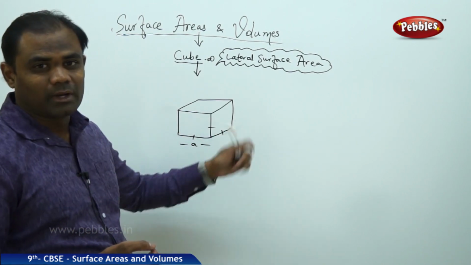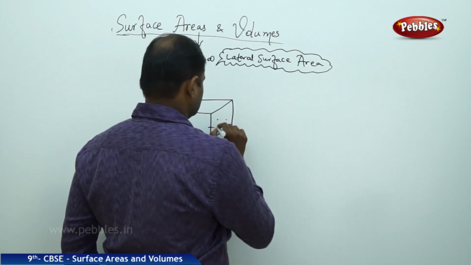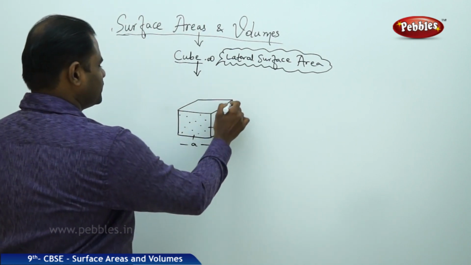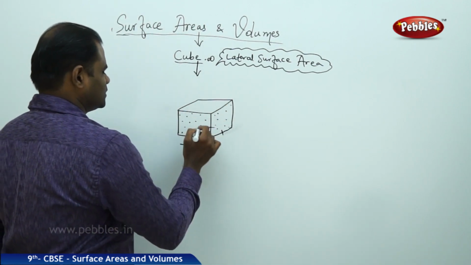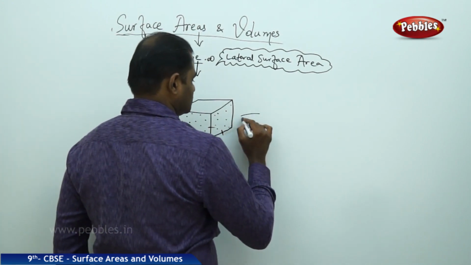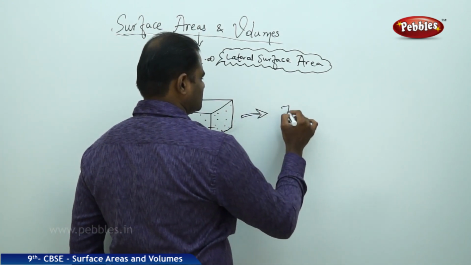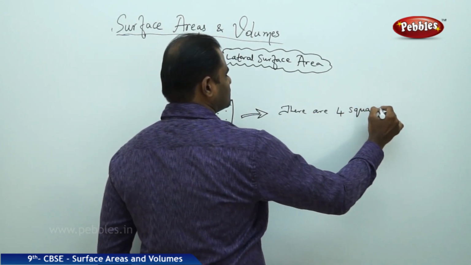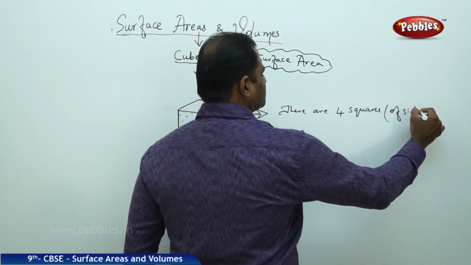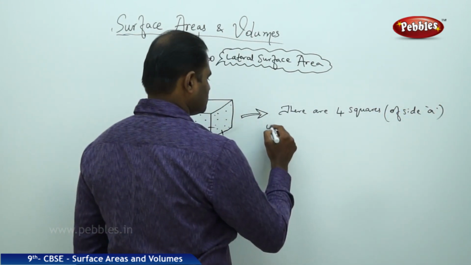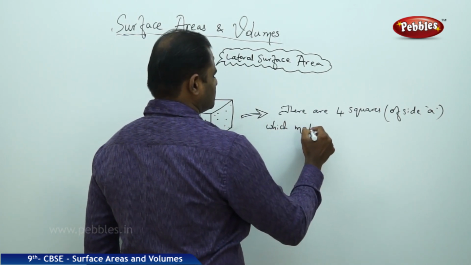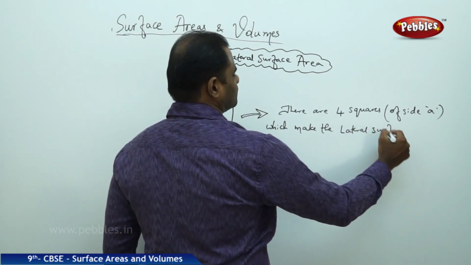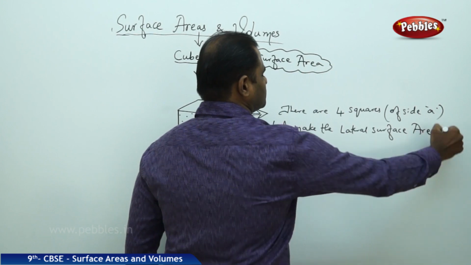Each of the faces is a square, therefore as we take the dotted region, there are 4 squares of side A which make the lateral surface area.